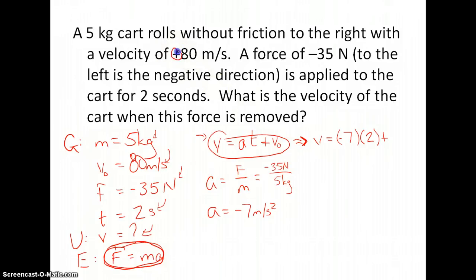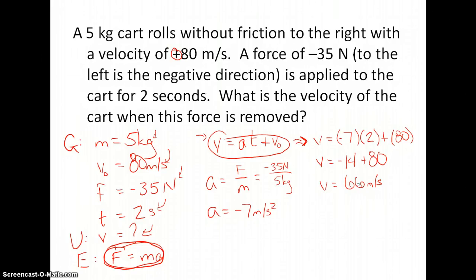Notice they definitely let us know it's a positive there, so plus 80 in this case. Negative 7 times 2 is negative 14, plus 80. Negative 14 plus 80 would give us 66.